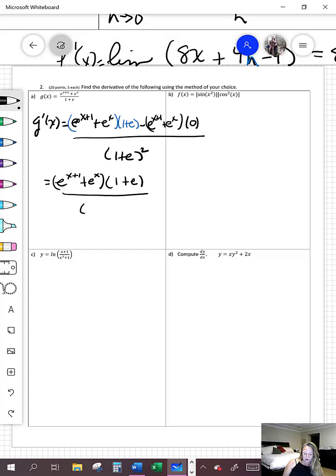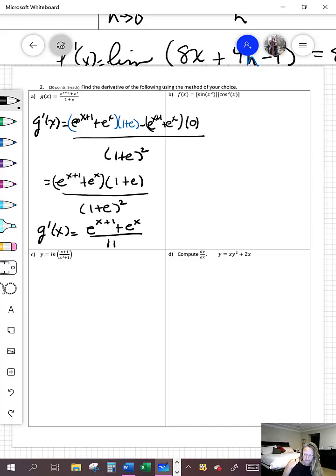And so we can cancel out. We have one factor of 1 plus e in the numerator and two factors of 1 plus e in the denominator. And so we find that the derivative of g of x is equal to e to the x plus 1 plus e to the x, all over 1 plus e.